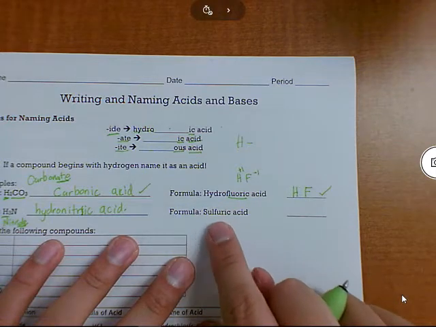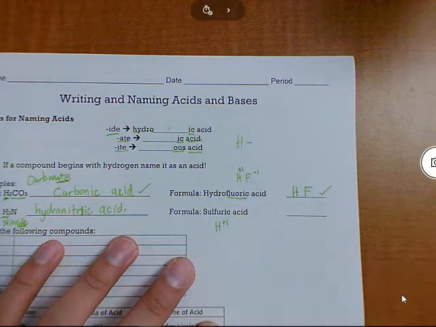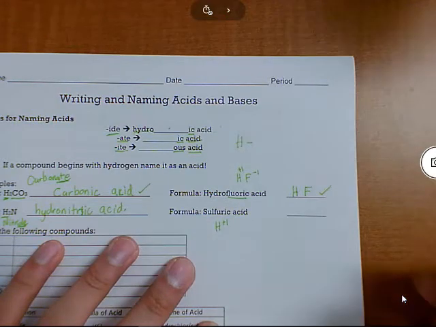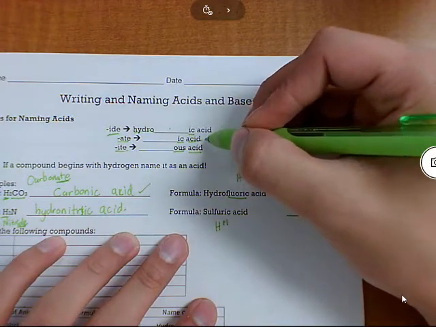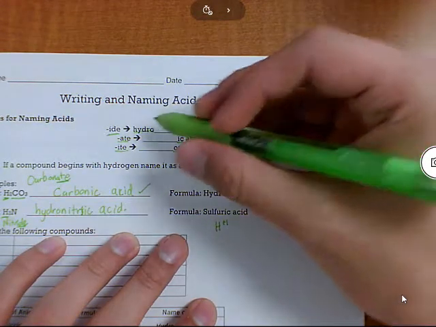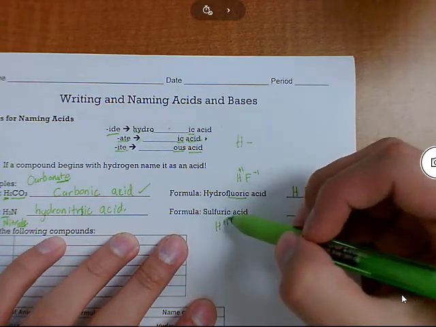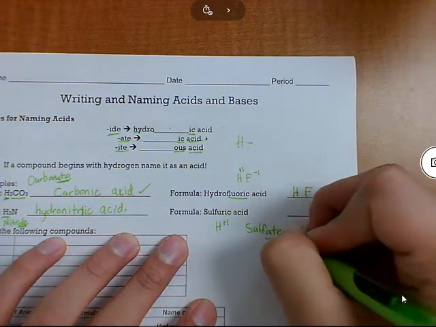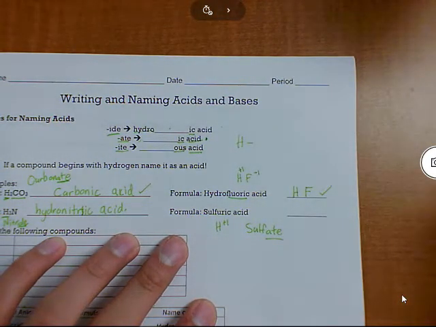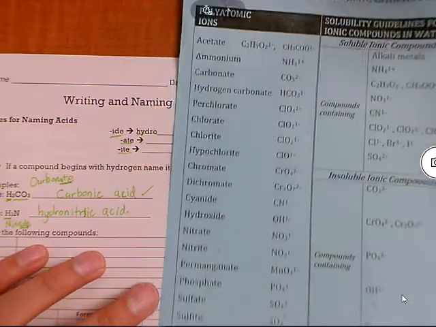Next one. Sulfuric acid. It's an acid, so it begins with H, with a +1 charge. This one follows rule number 2, IC acid. So it's going to end in ATE. Instead of sulfuric, it's going to be sulfate. What is sulfate? That's not an element, remember. Sulfate I find on the back of the periodic table.